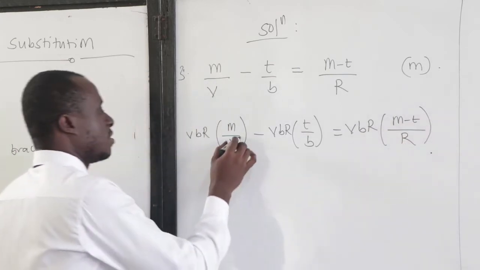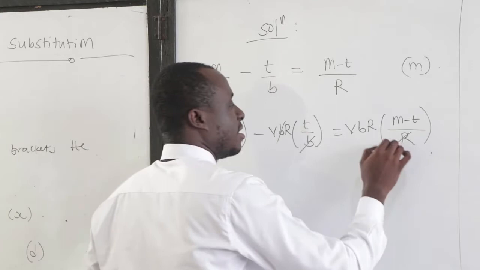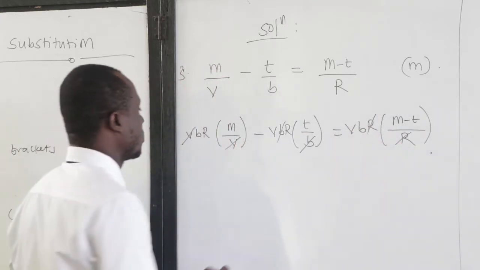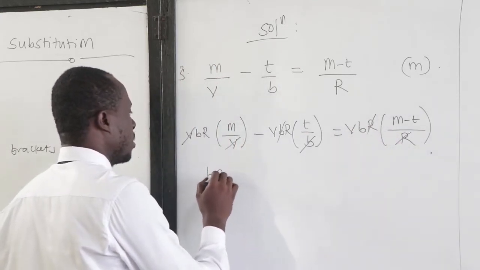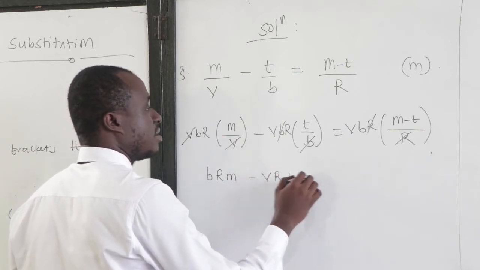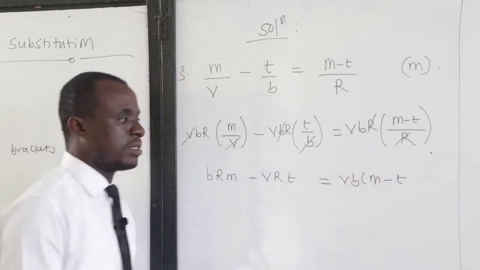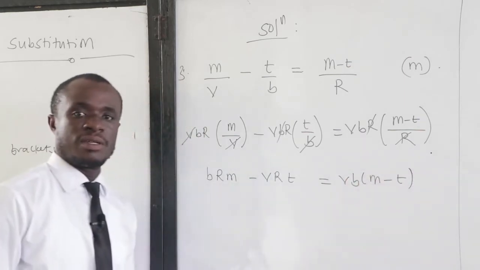What can we see? This v is cancelling another v. This b is cancelling another b. This r is cancelling out that r. So what do you have? brm minus vrt equal to vb into m minus t.